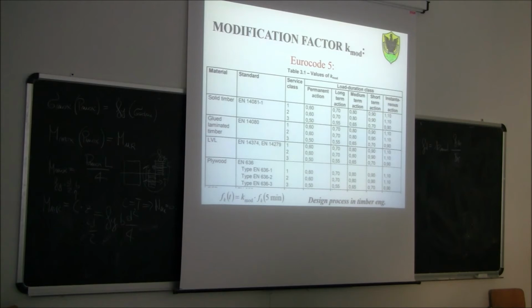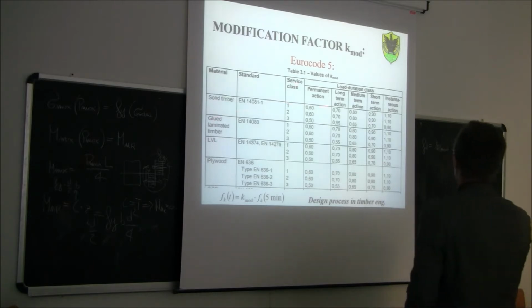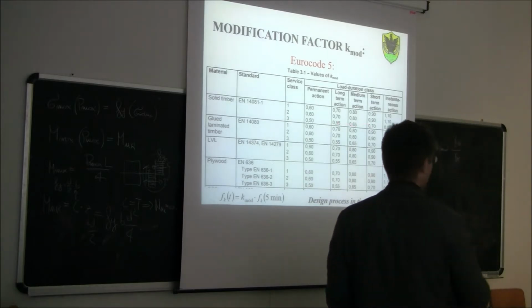Okay, now let's have a look at the values finally. You see here, this is a table coming from the Eurocode 5. Values of k_mod. You can find the same table also in the Italian regulation. So, solid timber, 3 rows, service class 1, 2, and 3, and 5 columns.